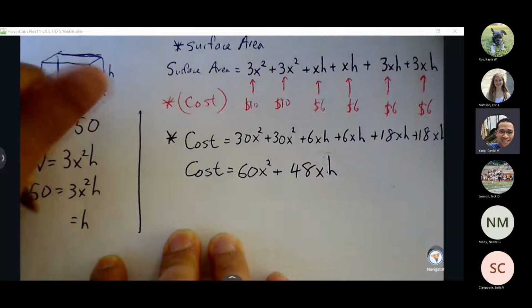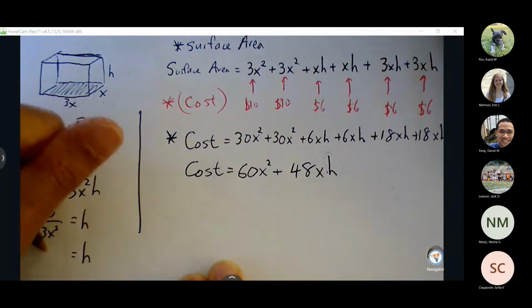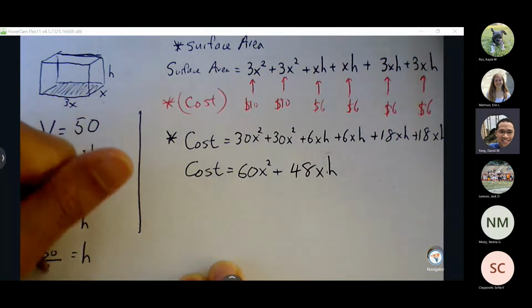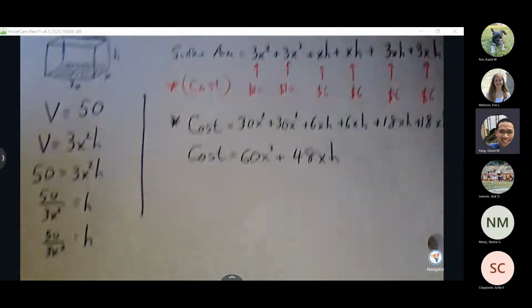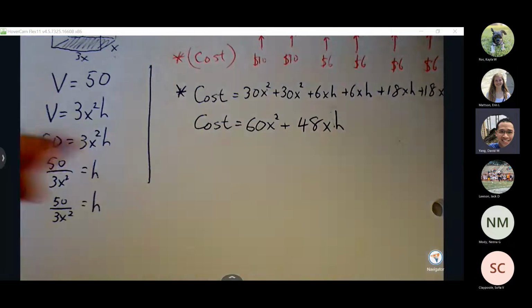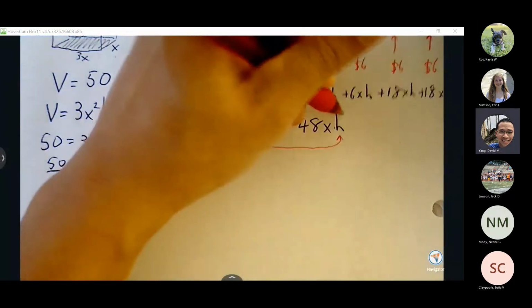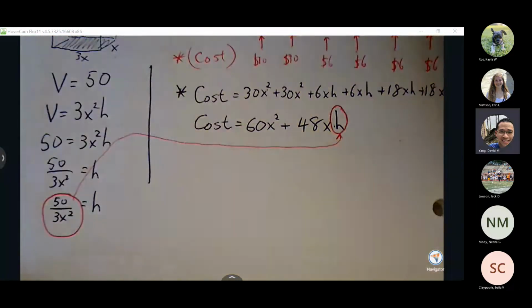Solve for h. Okay, yeah, I can't really reduce that, so take that h value and insert it into the h of my cost equation, right?